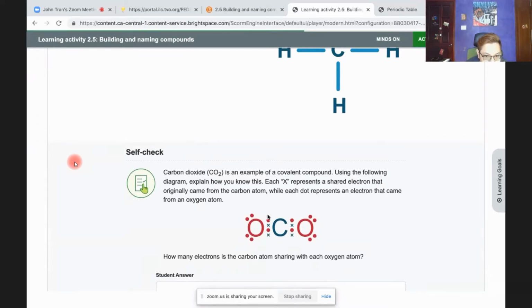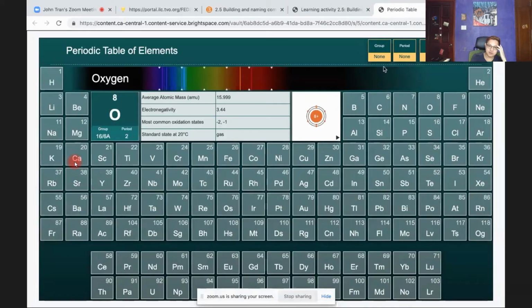Carbon dioxide, CO2, is an example of a covalent compound. Let's study this one well because it's a bit more complicated. Oxygen starts with 6, because it's group 6A.